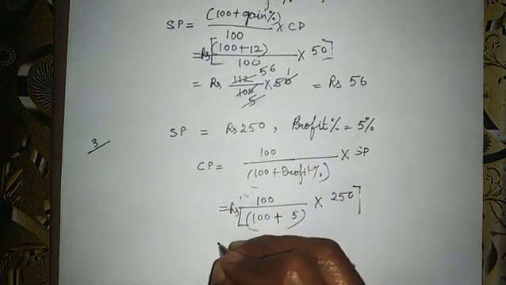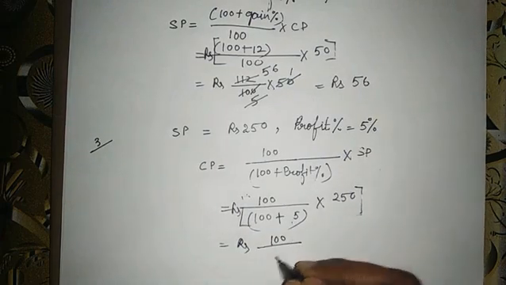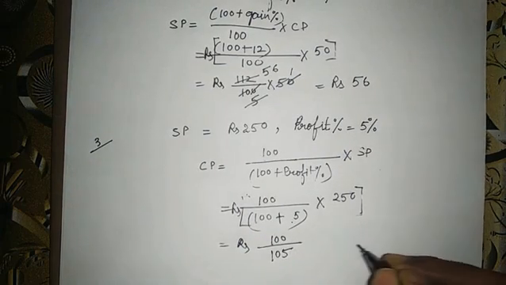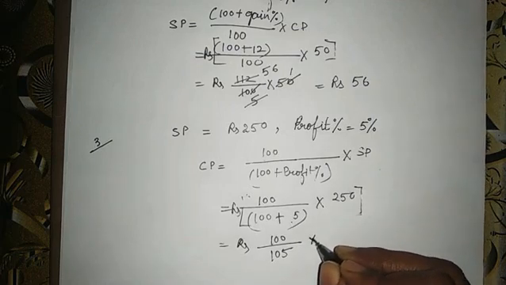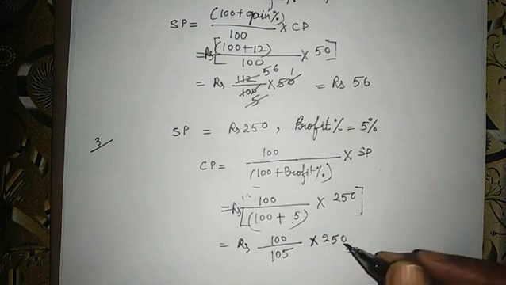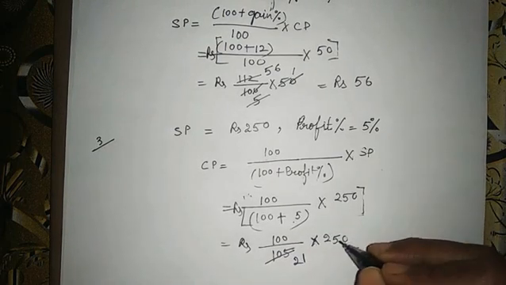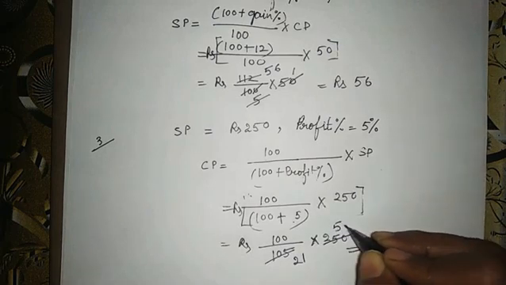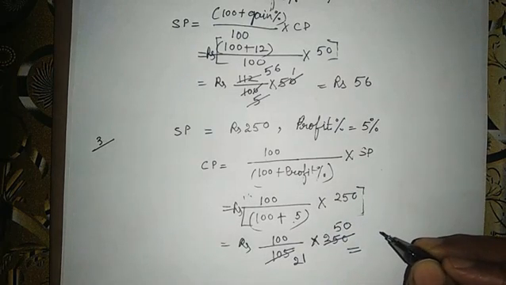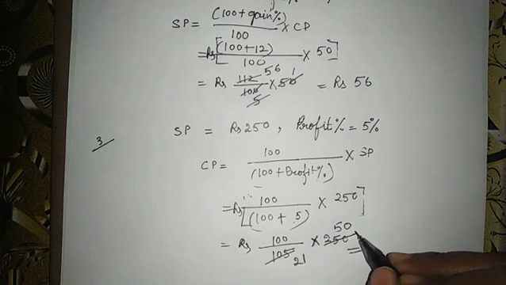Now students, here 100 upon 100 plus 5, what we will get? 105 into 250. Okay, now 5 twos are 10 and 5 ones are 5. Okay, 5 fives are 25, 0. So you can see here 100 upon 21 into 50 is coming.